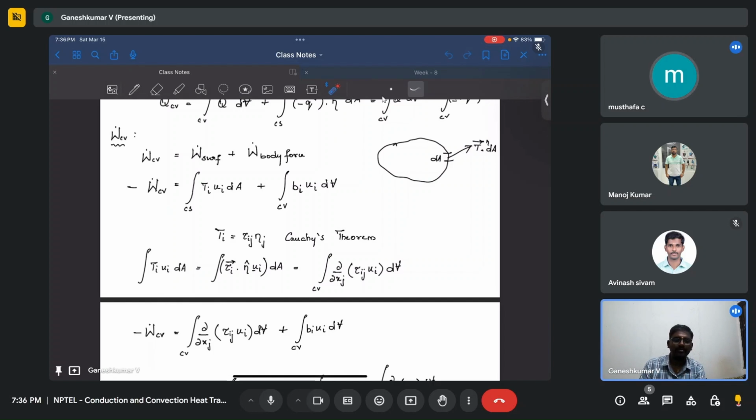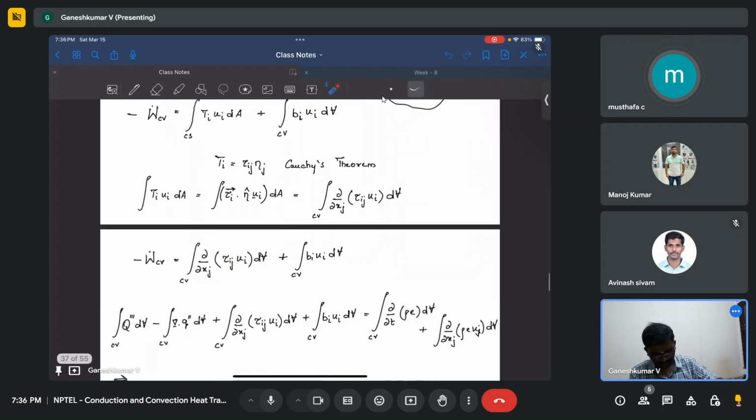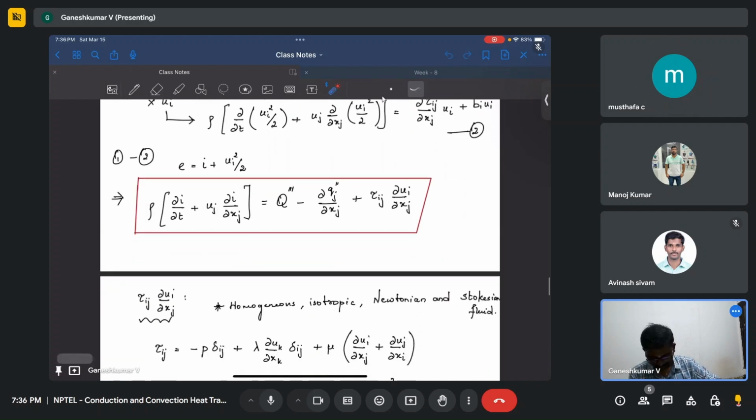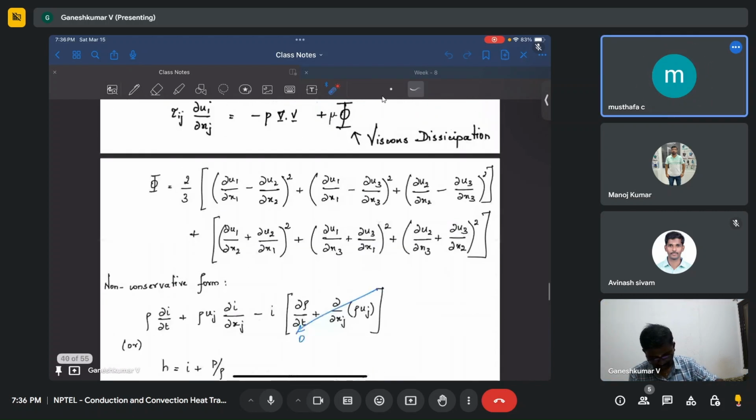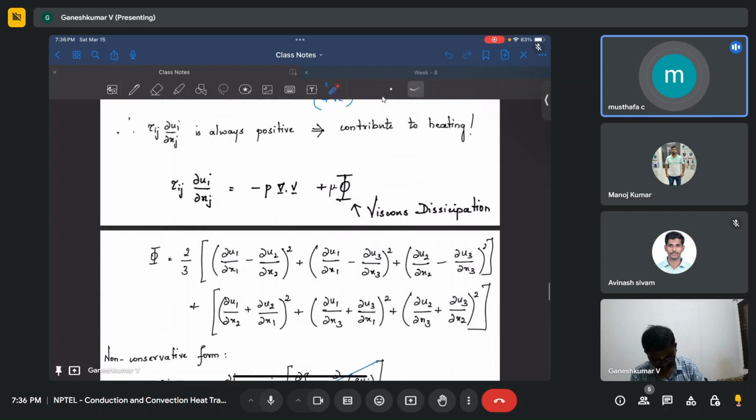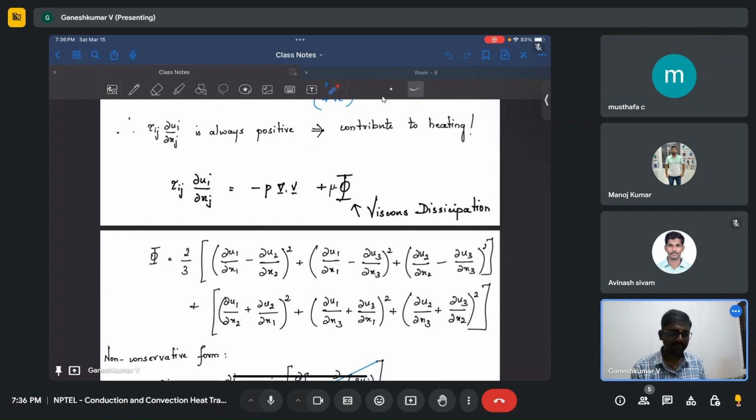In general it's not a flow work. PdV work is the pressure work, that you can say as a flow work. So PdV is what I'm talking about.